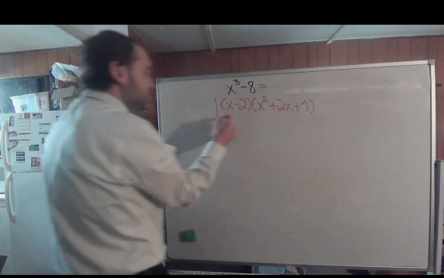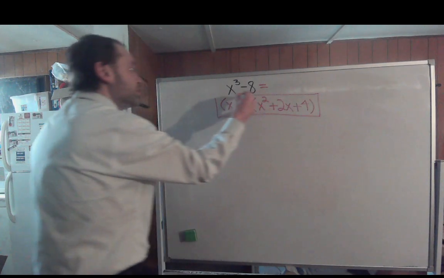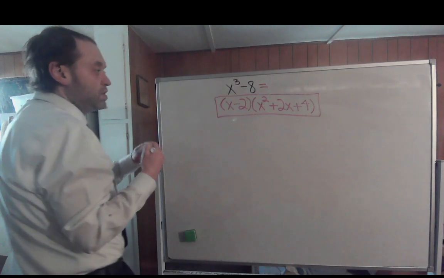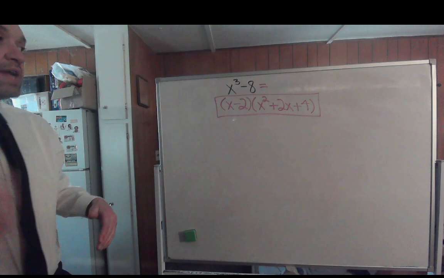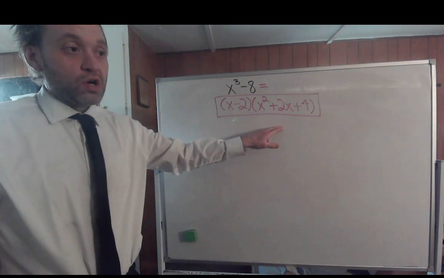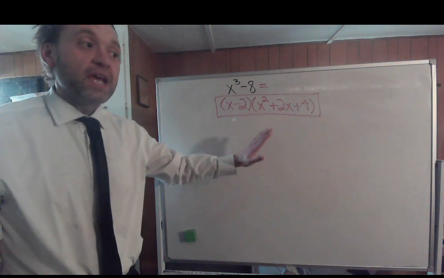So this x cubed minus 8 would factor into x minus 2 quantity times x squared plus 2x plus 4. Now, your quadratic factor never can factor.